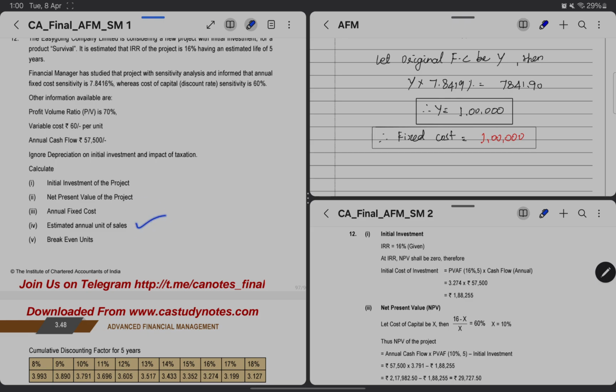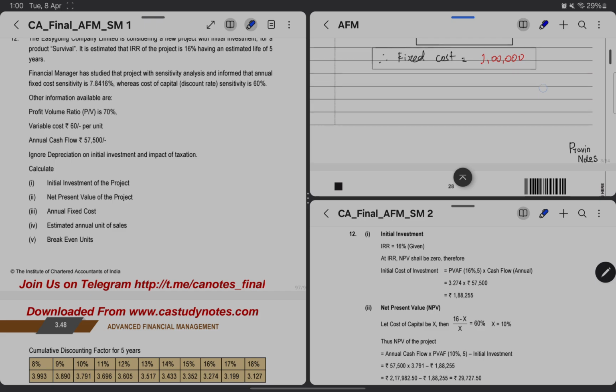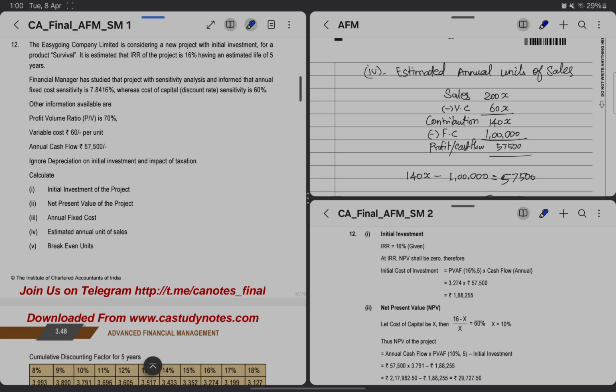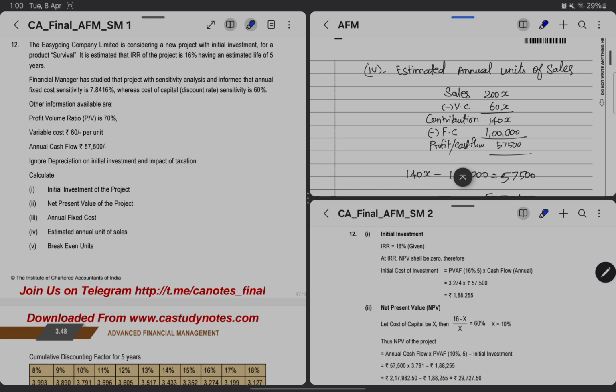Going for the estimated annual units of sales. Here, since we know the PV ratio is 70 percentage, the contribution is 70 percentage here.